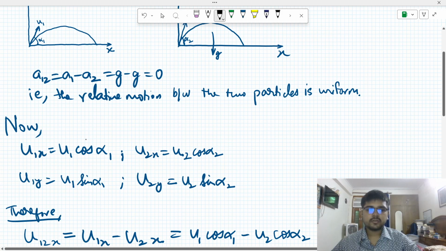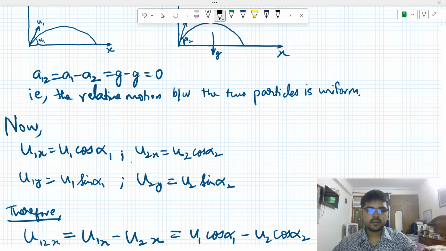u1x equals u1 cos alpha 1, u2x equals u2 cos alpha 2, u1y equals u1 sin alpha 1 and u2y equals u2 sin alpha 2.